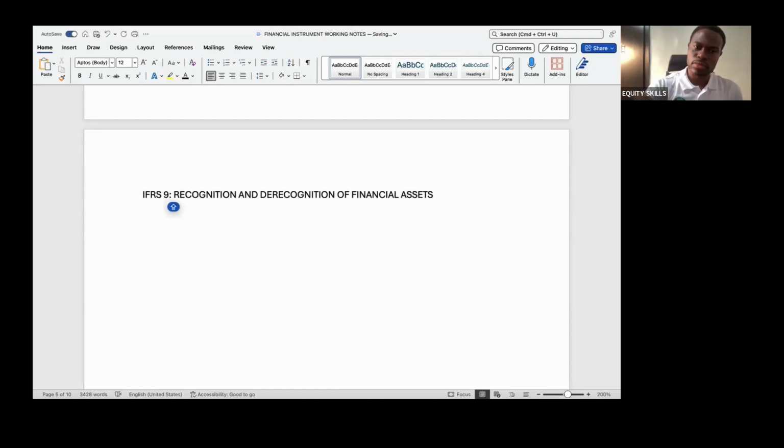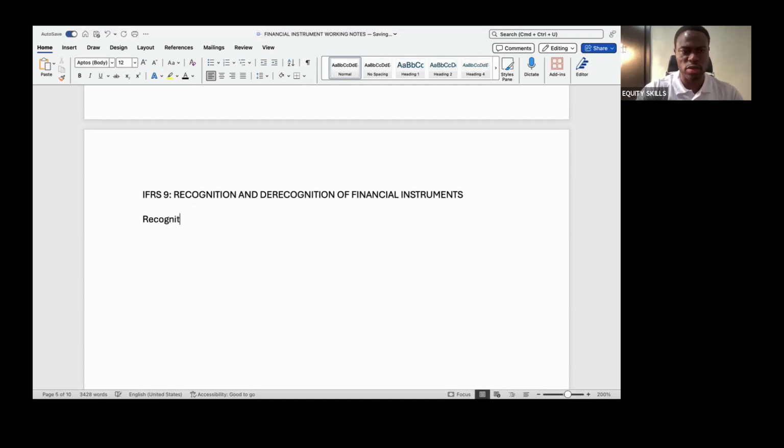So let me just clear this one. So what are we looking at here? Under recognition, not of financial assets, but financial instruments.